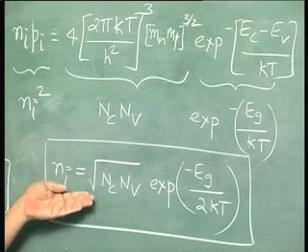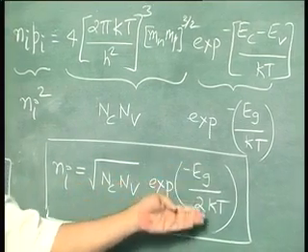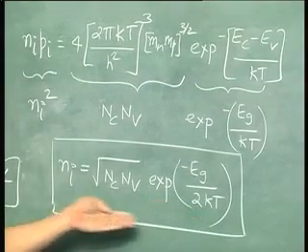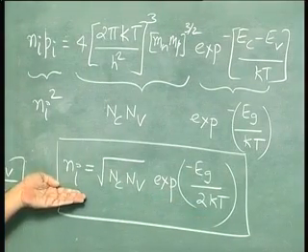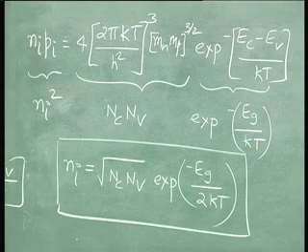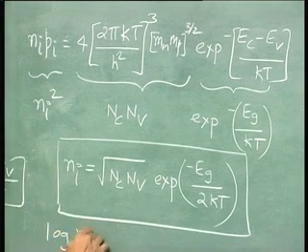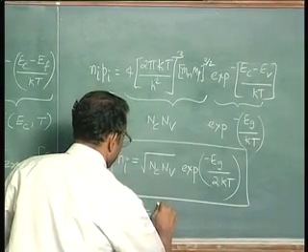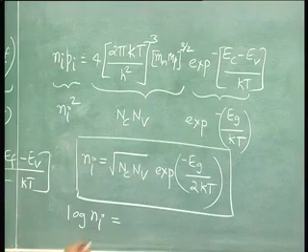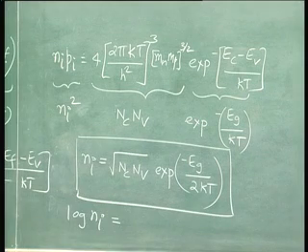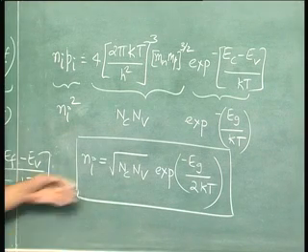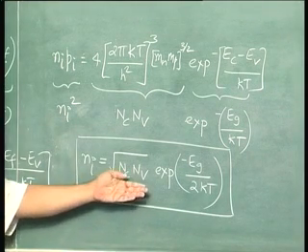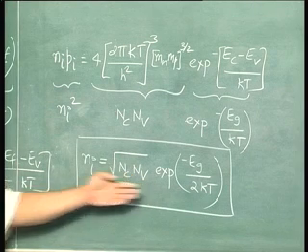So Ni is equal to square root Nc Nv into exponential of minus Eg by 2kT. If you take the log, then what will happen is you will get log of Ni equal to log of... okay, I think I will use the simplified representation of this formula.